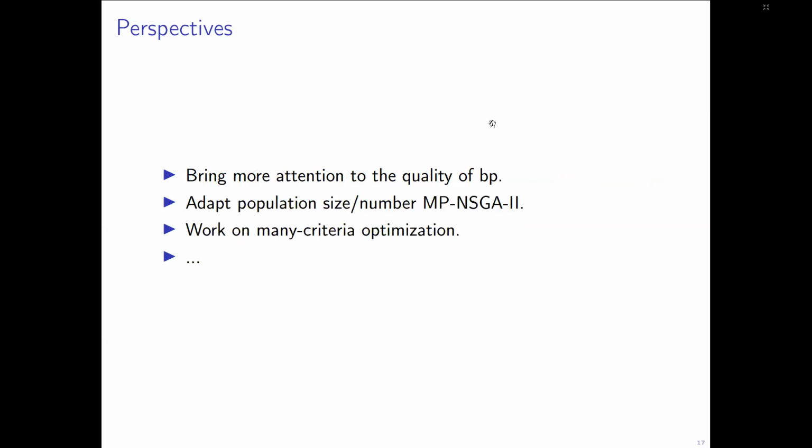As you have seen, we use only the business function to evaluate business process design. We can also work on the relationship between the size and the number of populations in the proposed algorithm. And why not work with many simulation criteria, which means 4 criteria and more.